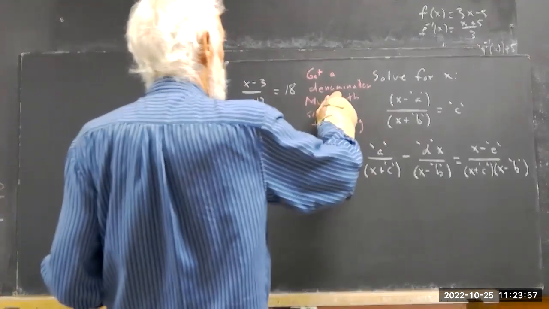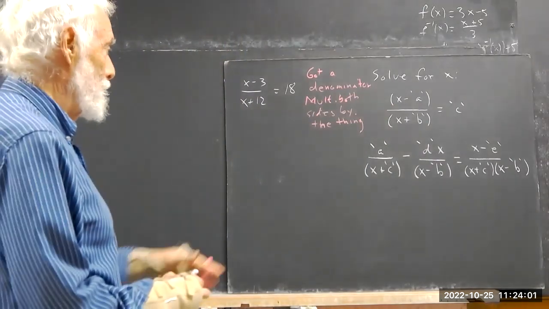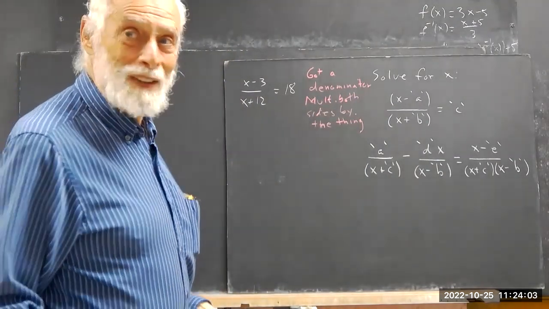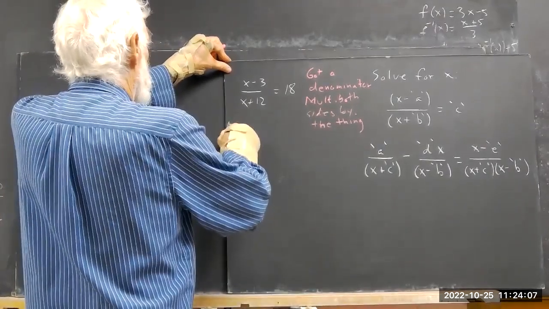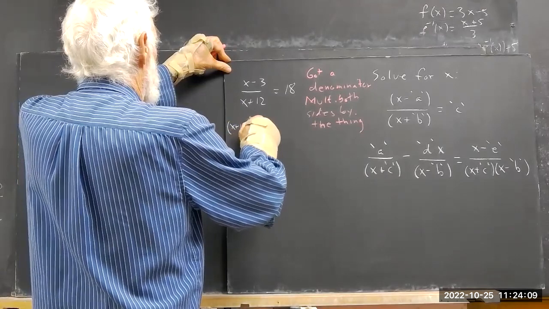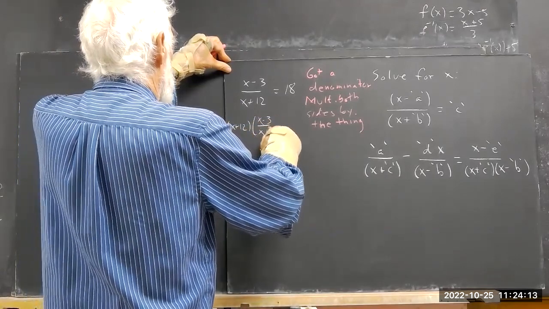Let's multiply both sides by the thing. Put it in the form of mathematical language. So we multiply both sides by the denominator. That makes it x plus 12 times (x minus 3) over (x plus 12).